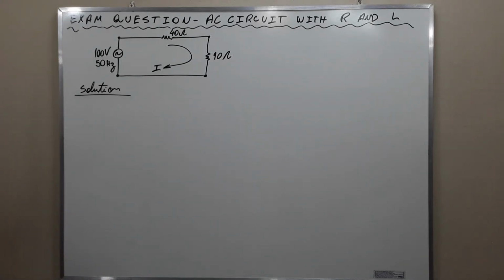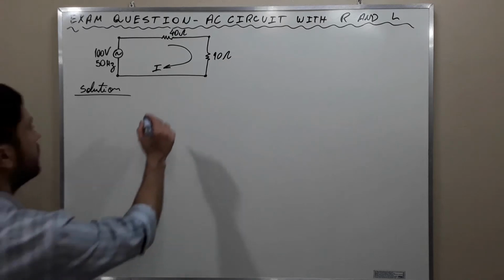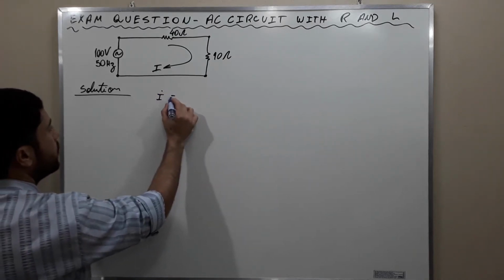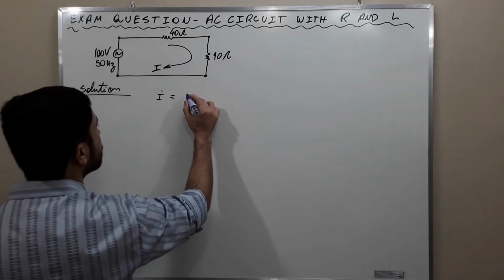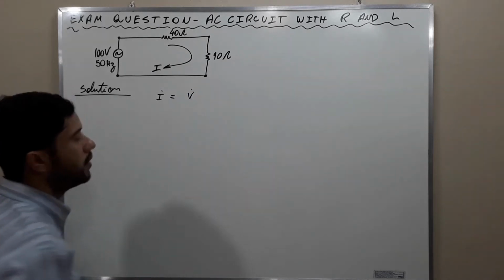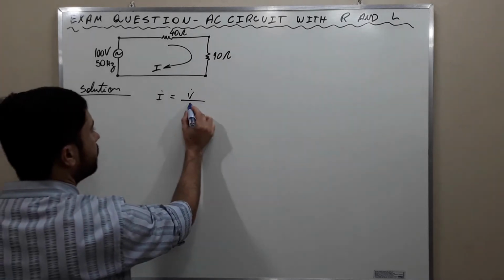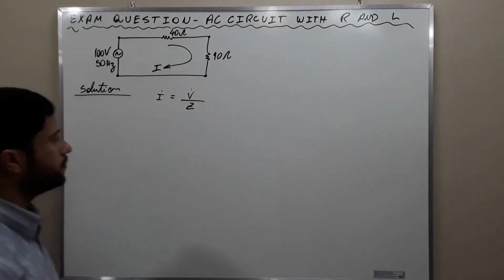The first step that we need to take is to calculate the current I. The current phasor is going to be the division between the voltage phasor and the impedance.